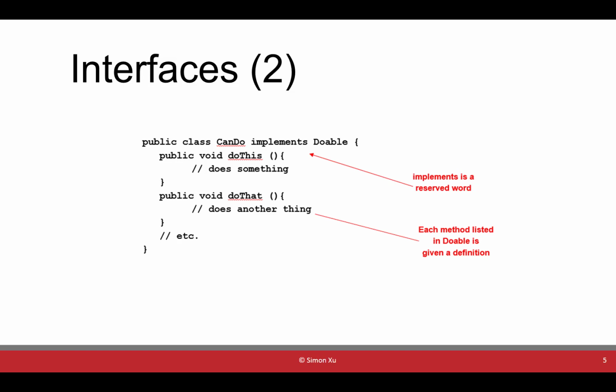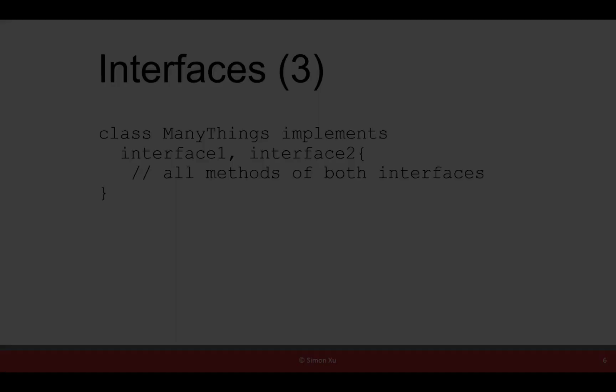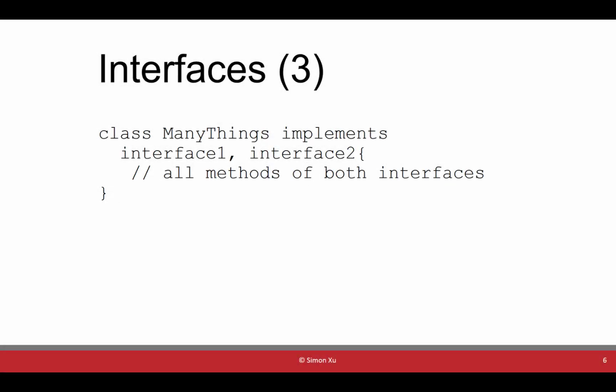A class can implement an interface as well as extend another class. Here, the class implements Doable by providing the body of those two methods or other abstract methods defined inside the interface. A class that implements an interface can implement other extra methods as well.